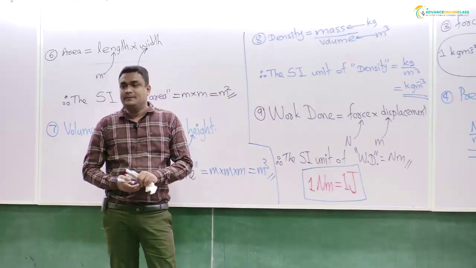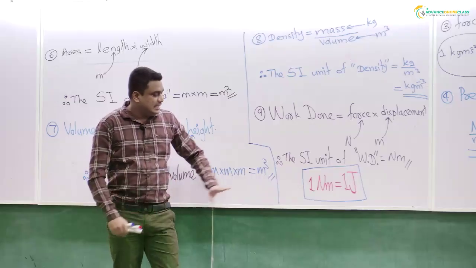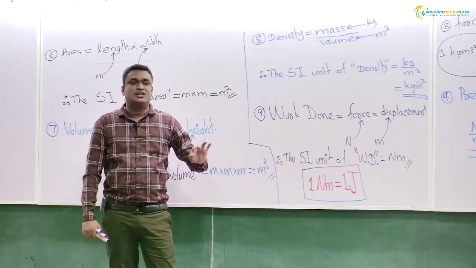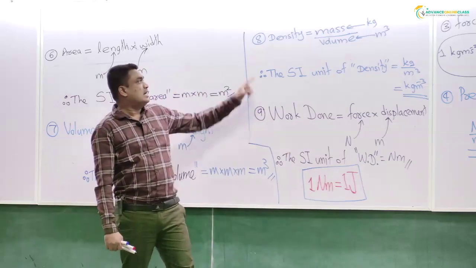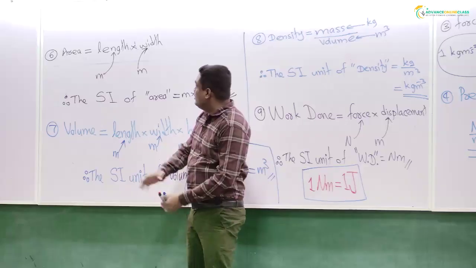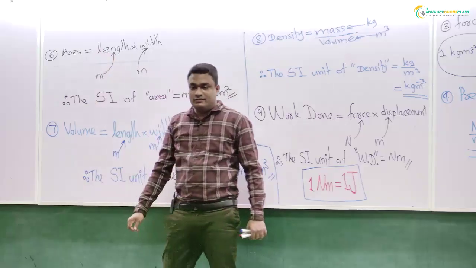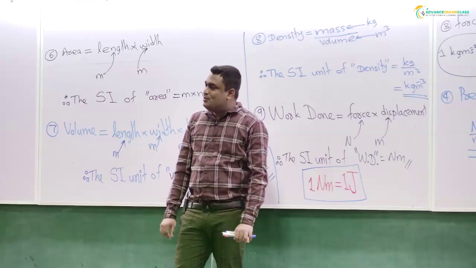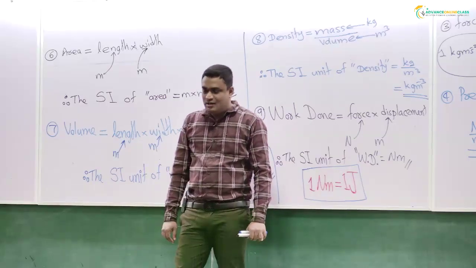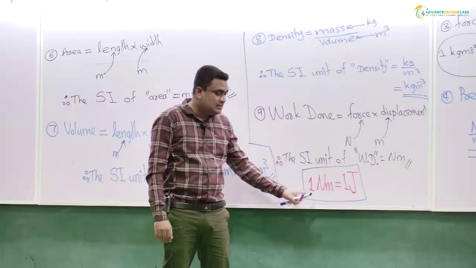In the examination, the first question is, what is the SI unit of work done? What is the SI unit of density? What is the SI unit of area? That kind of things. So we learn like this. The question should be very easy. What is the SI unit of work done?